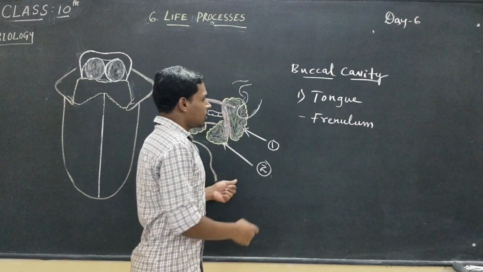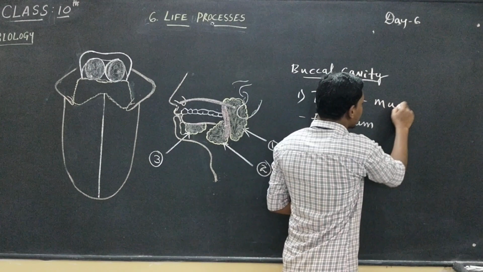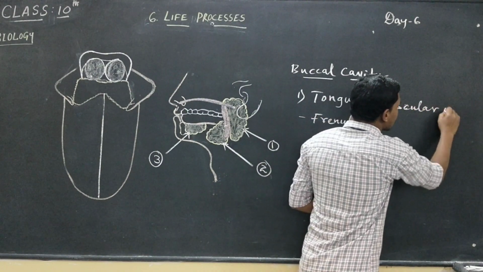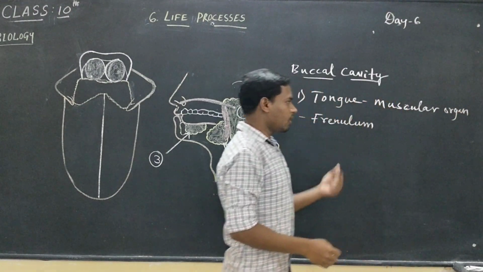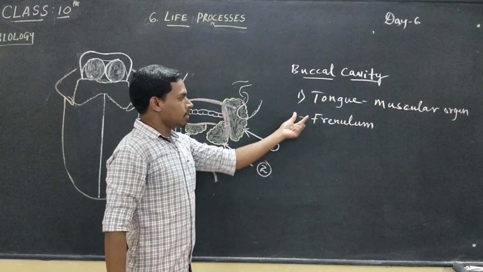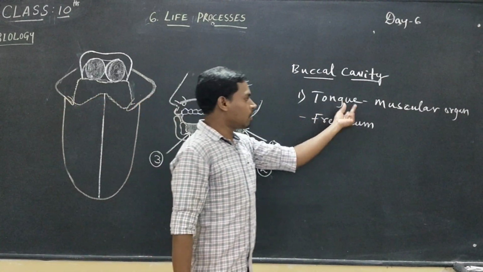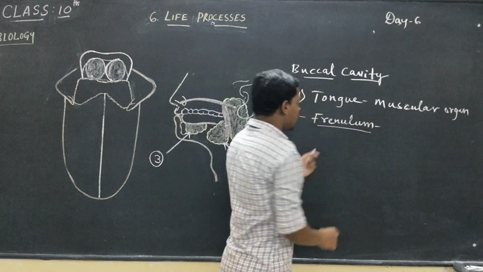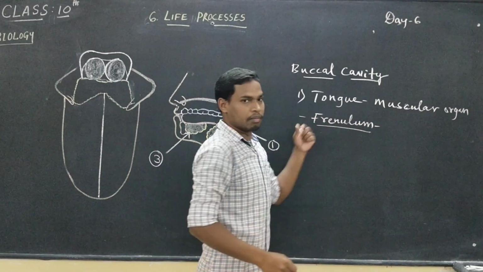So the tongue is a muscular organ that forms the floor of the buccal cavity, and it is attached to the floor with the help of the frenulum tissue.